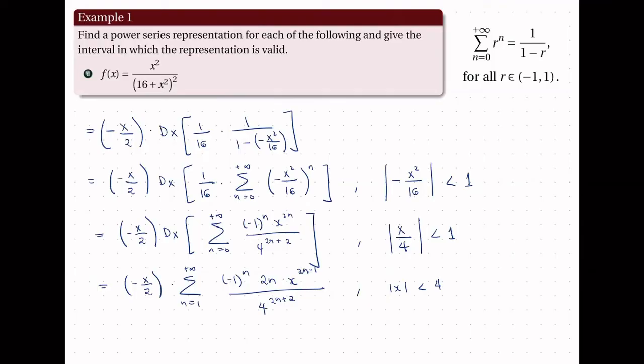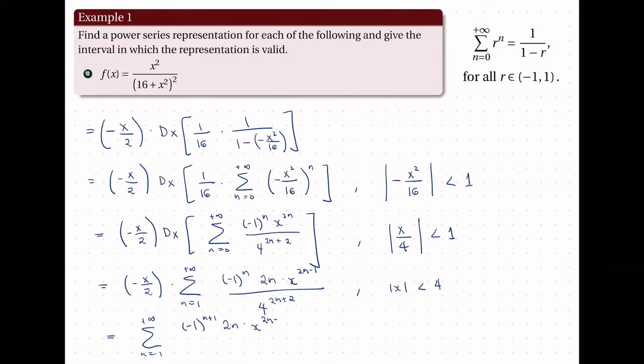Okay? Simplifying this further, so ipapasok lang natin yung factor na ito sa loob ng ating summation. So we have the summation from n equals 1 to positive infinity of negative 1 raised to n plus 1. Tama? Kasi may negative ka dito pinasok natin. So magiging n plus 1, may exponent. And then we have 2n times x raised to 2n minus 1.